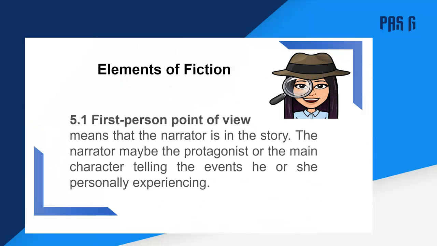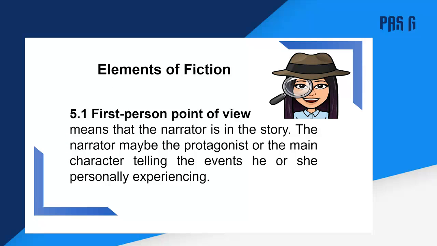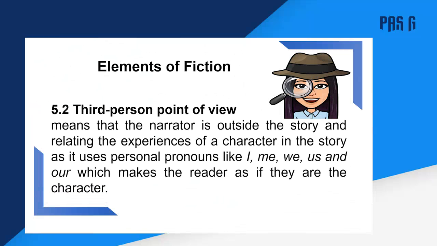The first person point of view means that the narrator is in the story. The narrator may be the protagonist or the main character telling the events he or she is personally experiencing, while the third person point of view means that the narrator is outside the story and relating the experiences of a character in the story.